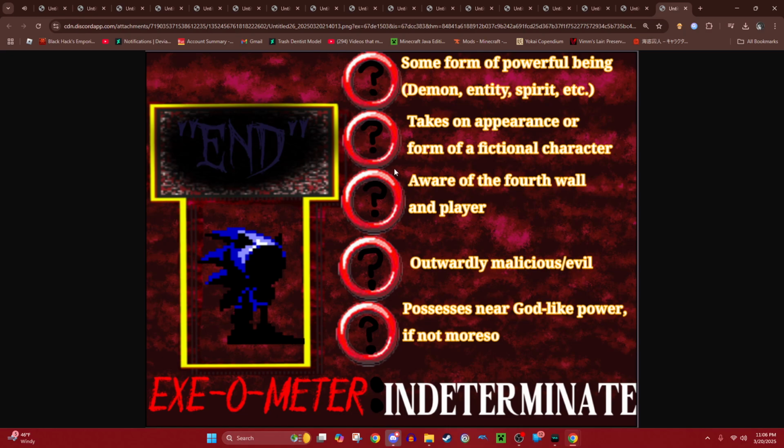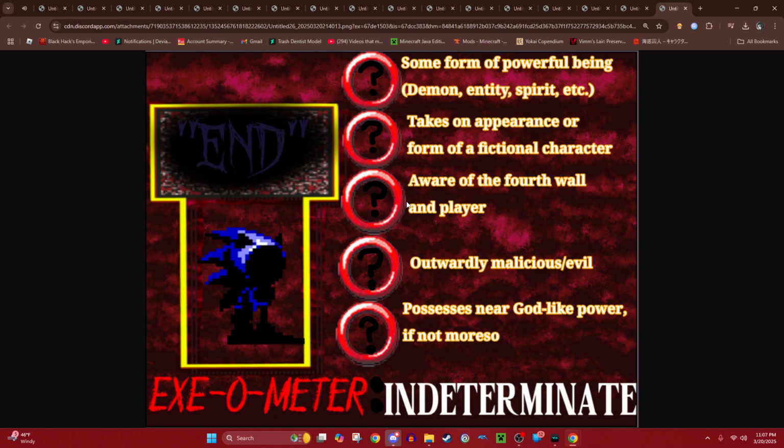Like, that's where the whole crux of this password strength ring number EXE-o-meter determinator comes from. Like, determinator isn't a word. A way of determining if they are an EXE.